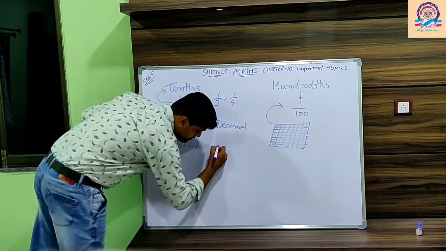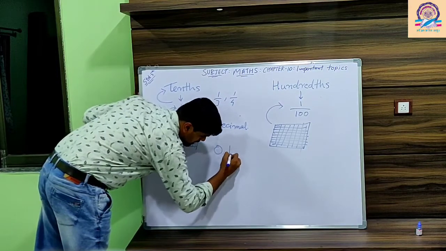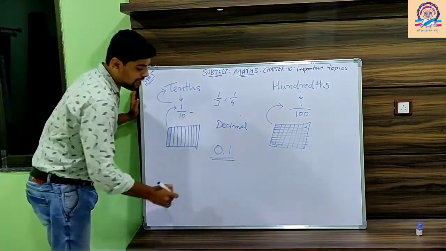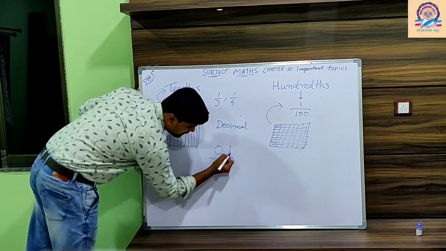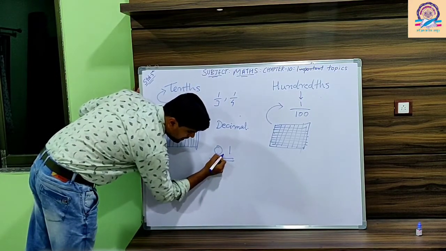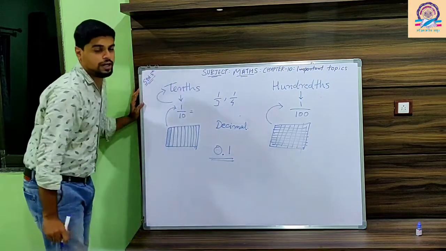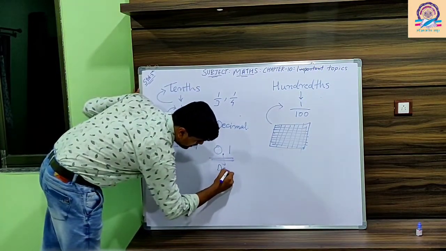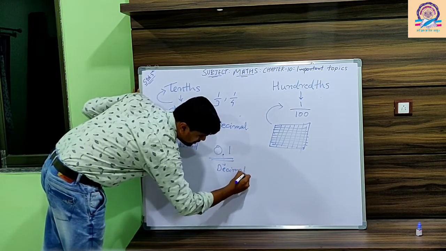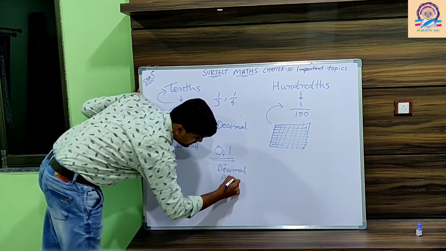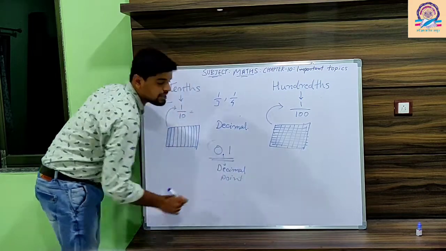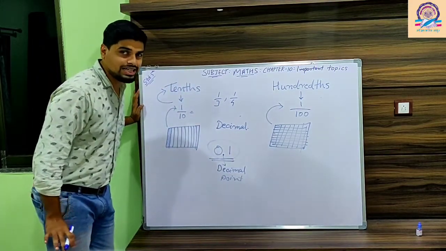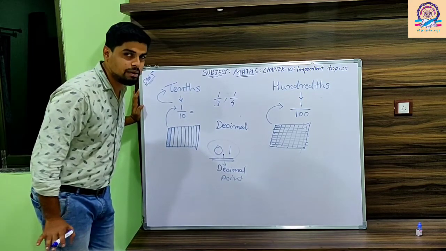So if a number is written like this, that means if in between two digits or two numbers, if you find this type of point, then this point is known as decimal point. Okay, and the entire number is known as decimal number. Is it clear to you what is decimal point and what is decimal number?